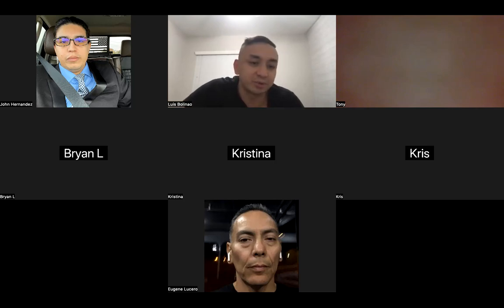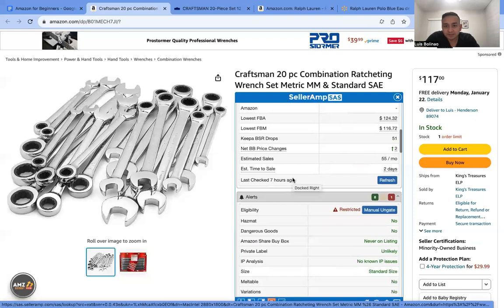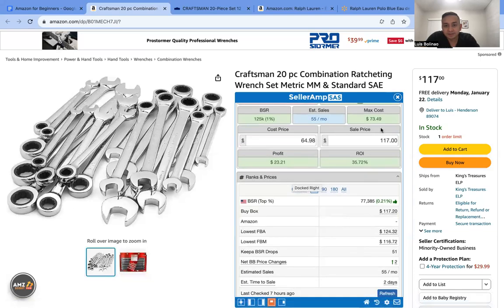So if my price is 28 bucks, for example, here, I'll do an example on Seller Amp. Let's see. So I just lowered my price, right? At this price, it's giving me this ROI, right? So, man, I don't know, 100 bucks. So still positive. 80.